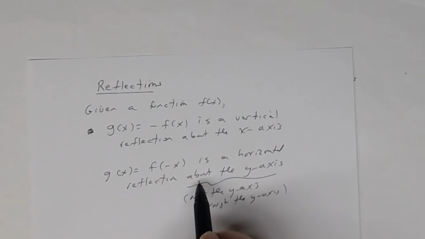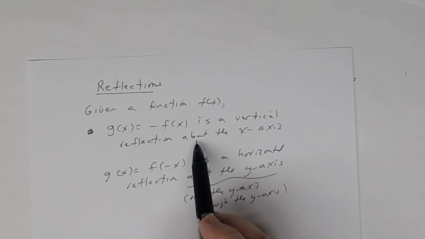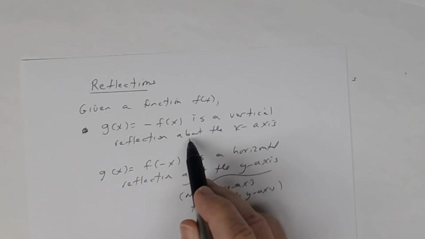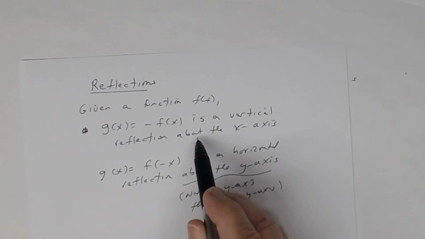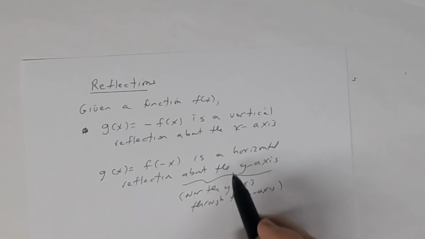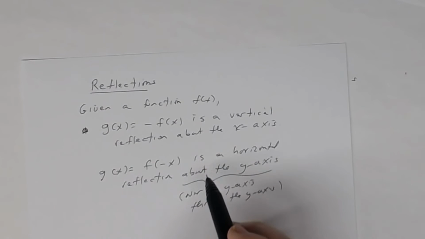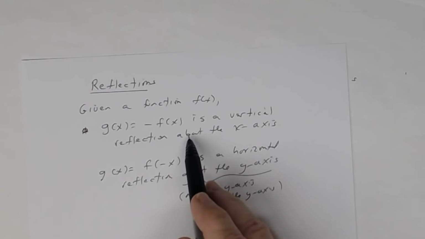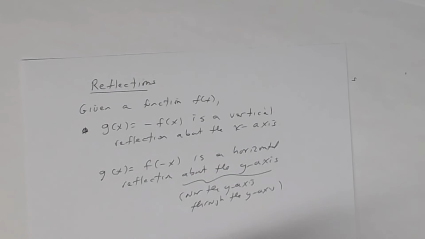So it's not always the word about the y-axis. Same thing here: over the x-axis, through the x-axis. So it's not always the words about the x-axis.